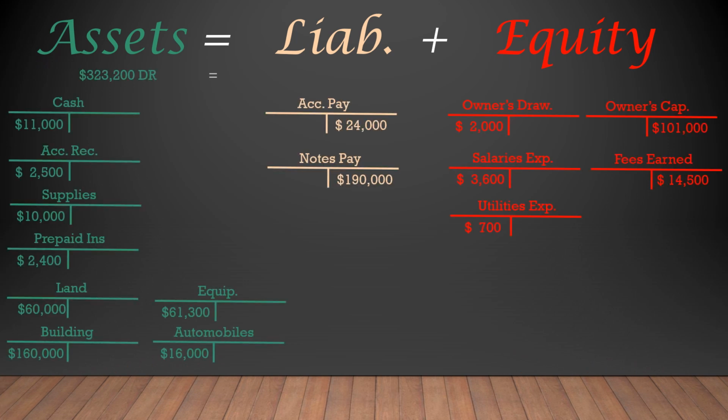Let's return to our coats and arms example from the previous lecture. Recall that when we left off, we had listed all of our accounts with their respective balances, and we verified that the total of our asset account balances matched the sum of our liabilities and equity account balances.